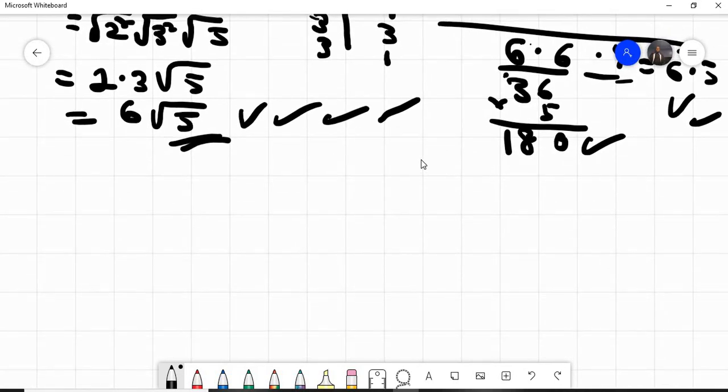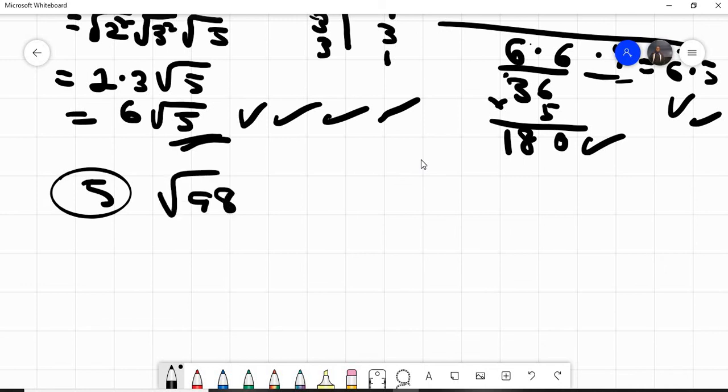And then our final example, we are given the square root of 98. If we don't see right away, we can just do long division. We have to figure out where 98 comes from.